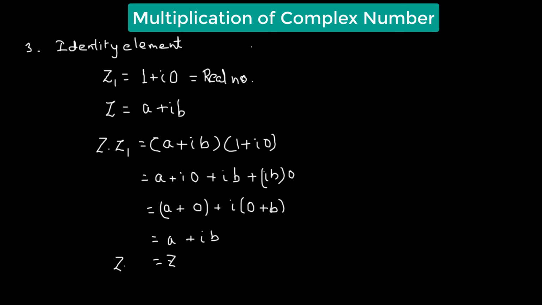So that means multiplying a complex number z by its identity element z1, which is 1 plus i times 0, gives us the original complex number. So 1 is an identity element.